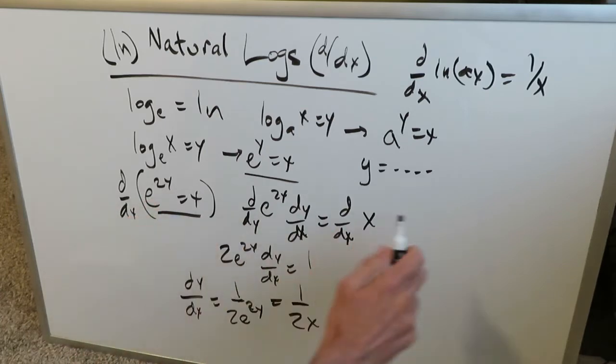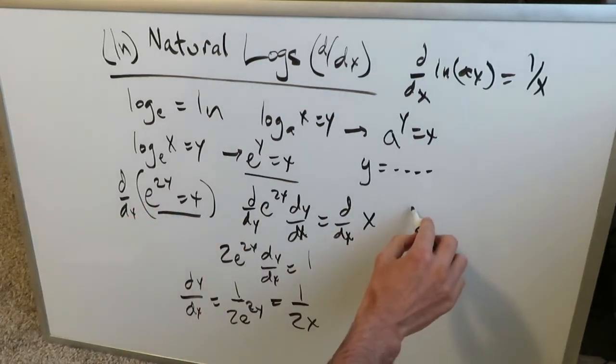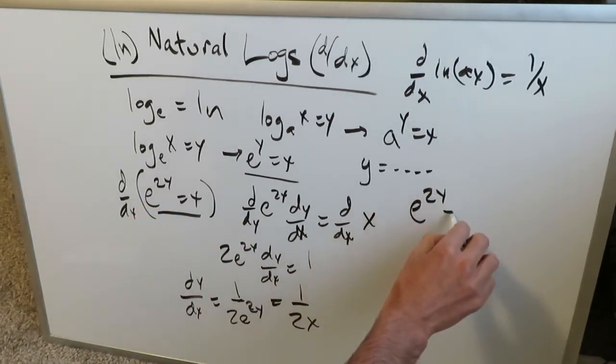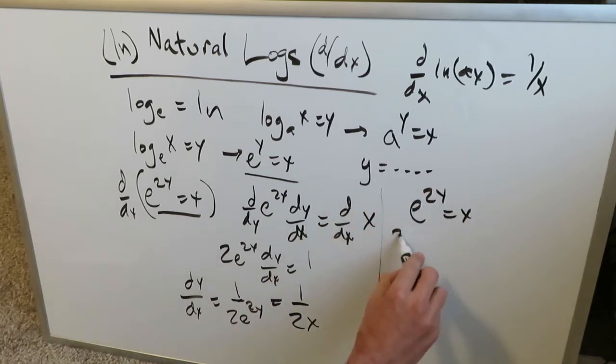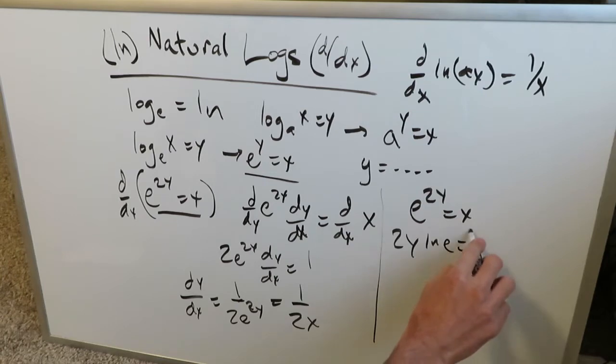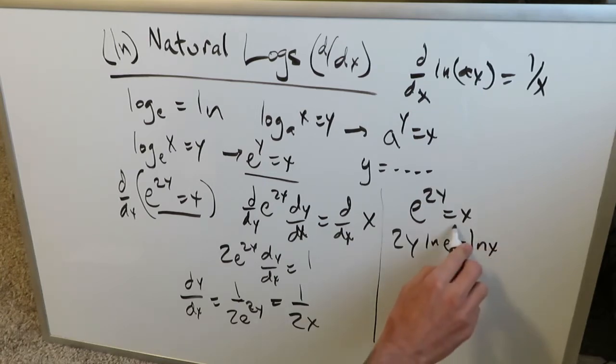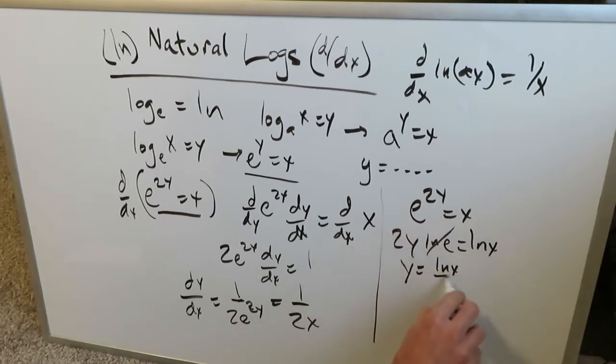If you come back over here, e to the 2y is equal to x. Let's bring in the natural log properties over here. You'll do 2y ln e is equal to ln x. Ln e, by a property of logarithms, is always equal to 1. Y, you solve for it, take 2 to the other side, you get ln x over 2.